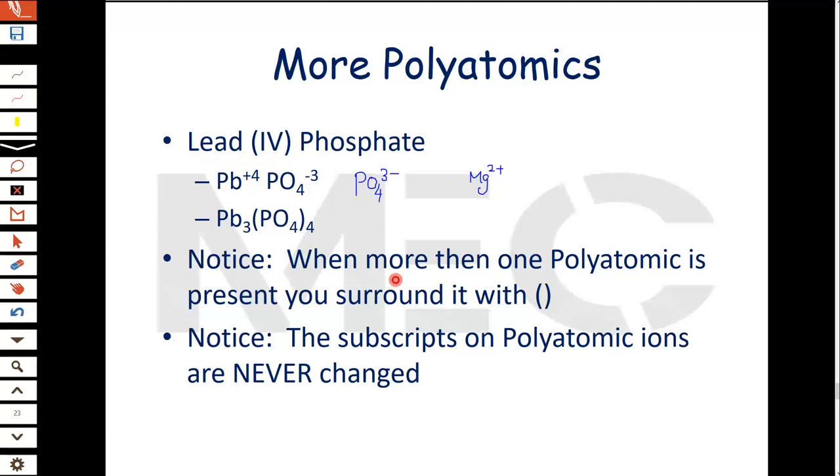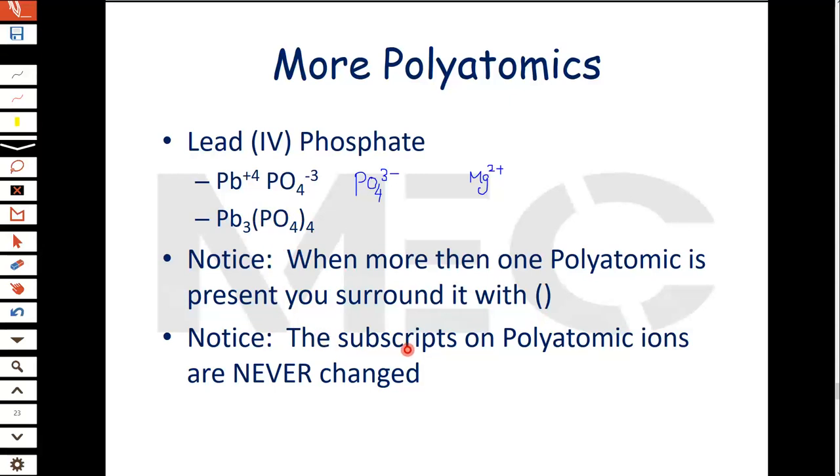When more than one polyatomic ion is present, you surround it with parentheses, so that this 4 belongs to all the atoms inside this negative ion, phosphate.